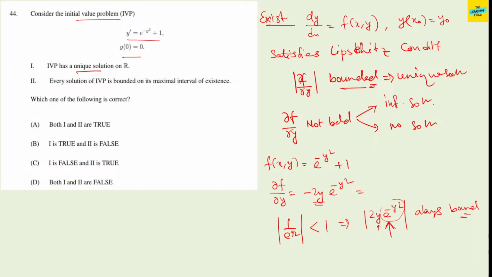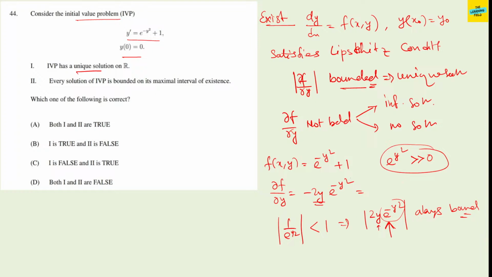How is this term bounded? See, this e to the power y square is a big value. Whatever the value of y, if you increase the value of y, whether it is positive or negative, this e to the power y square term is much greater than 0. Then 1 by this term is obviously very close to 0.